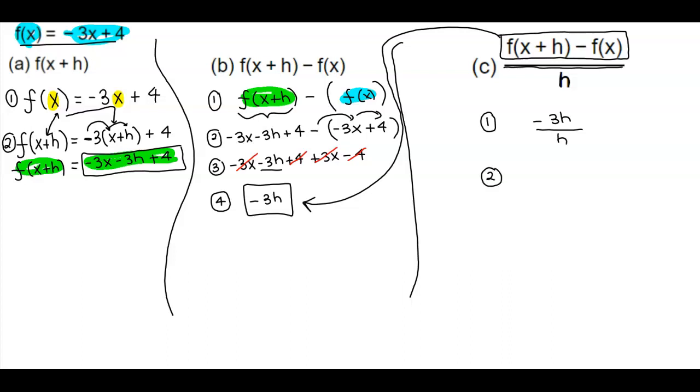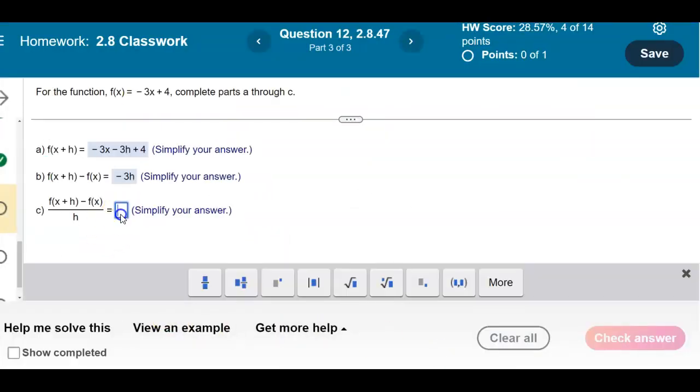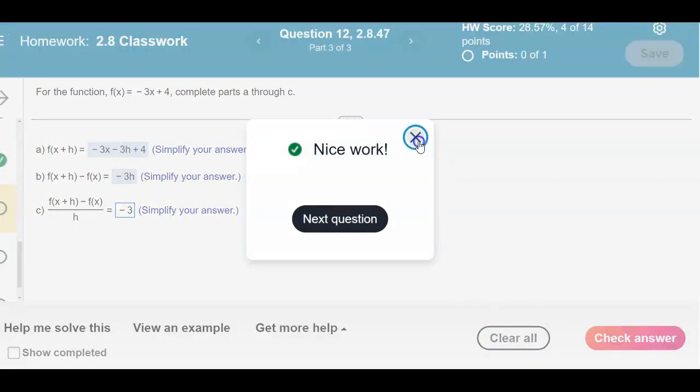So what happens? Well, we can see that h divided by h is equal to 1. And so therefore, negative 3 times 1 is going to equal negative 3. So therefore, the answer is negative 3. Check our answer, and there's our result.